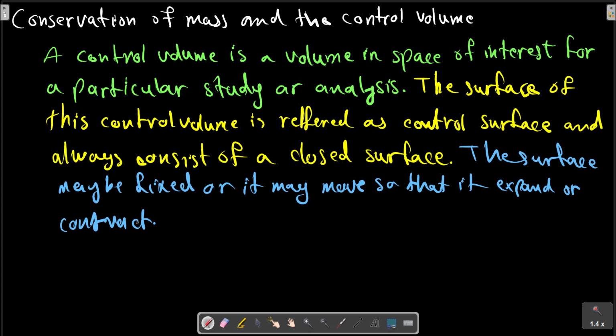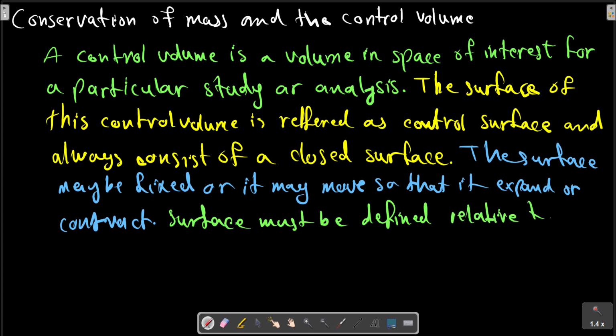In some analyses, it may be desirable to consider a rotating or moving coordinate system and to describe the position of the control surface relative to such a coordinate system.